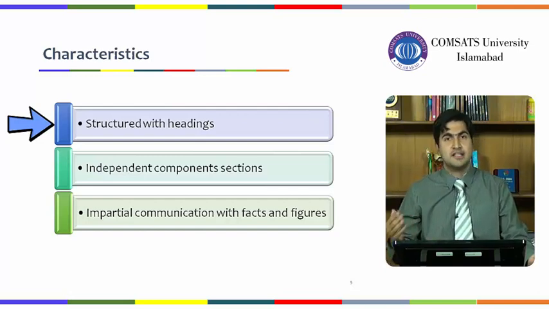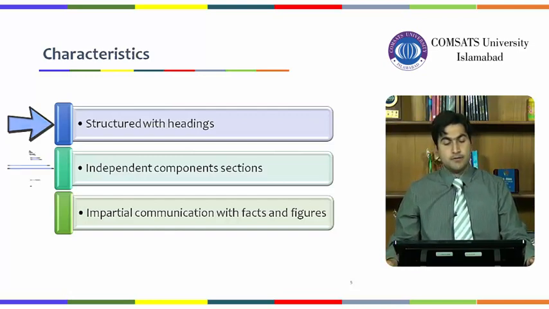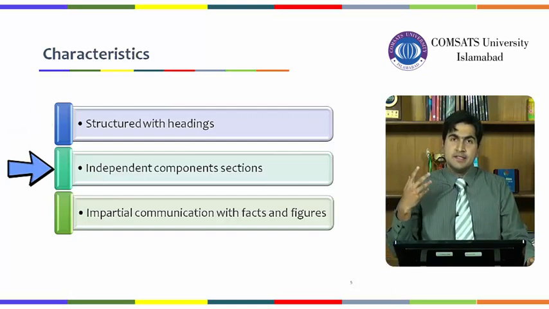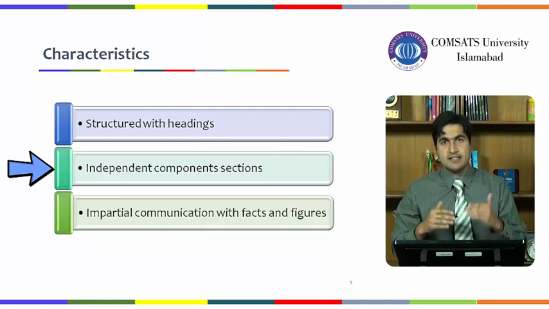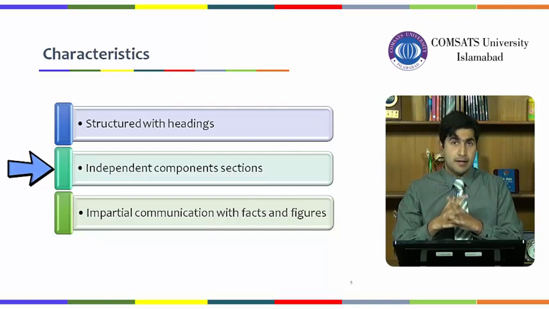And over here, once again, headings are very much important. And that's where it's written over here. You move ahead, what do these headings do? Another thing to know is that if I put the arrow on the second point, it shows that this structured form of writing has each and every component independent.